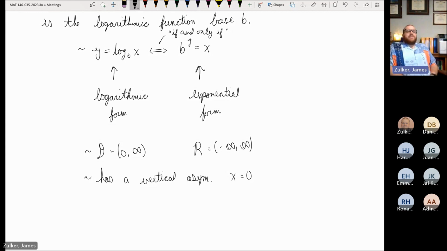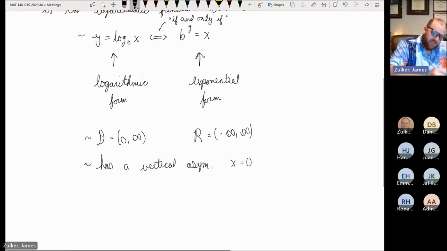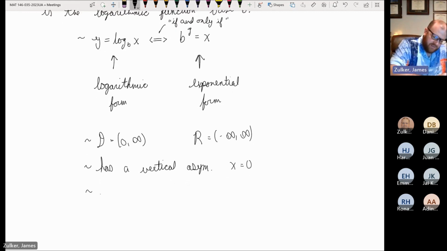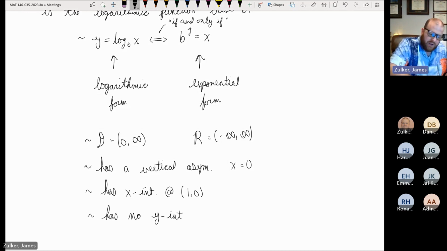Has a vertical asymptote, x equals 0. Has x-intercept at 1, 0. And it has no y-intercept.